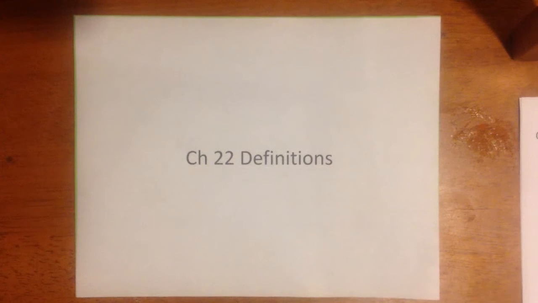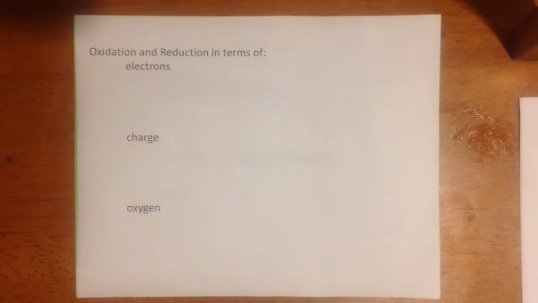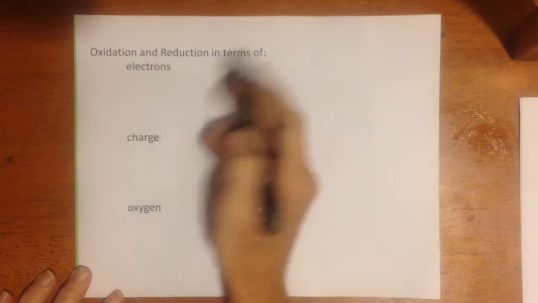Okay, this is the chapter 22 video for honors, and we're going to start with definitions. In order to do chapter 22, you have to understand some basic words. We're going to talk about oxidation and reduction in terms of electrons.